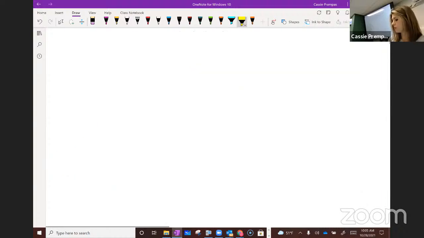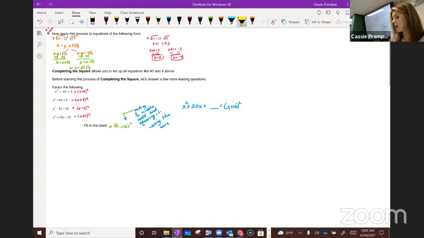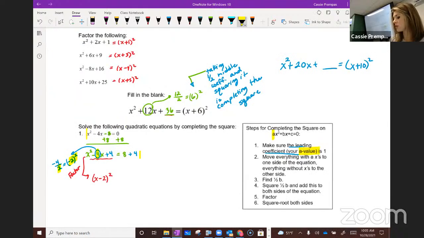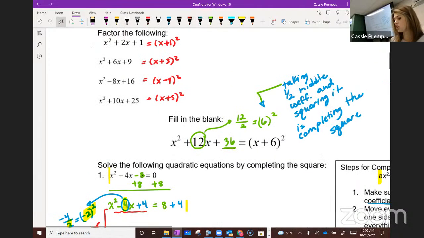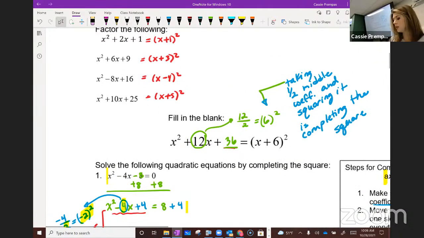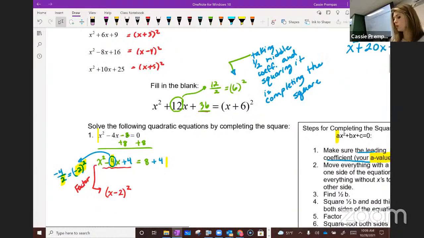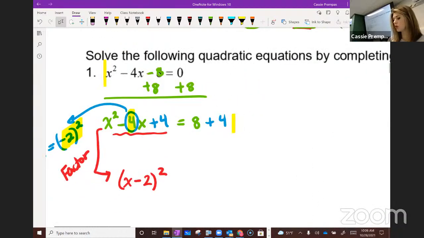I took half of the middle term and squared it so that I could create something that would factor down into a quantity squared. So I use the pattern that I observed in your homework and what we just did here to see what I would need to do to this middle number to add a value which will factor down into something squared.